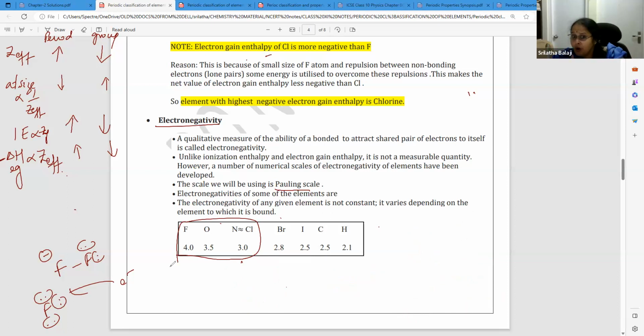Fluorine is 4, oxygen is 3.5, nitrogen and chlorine are relatively the same at 3.0. And this order you remember: F is greater than oxygen, greater than nitrogen. If you don't remember other values, it is okay. At least the order, which is most electronegative and which is least electronegative. Is that clear?